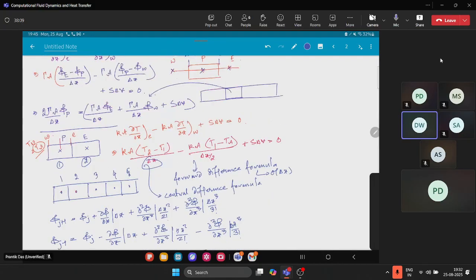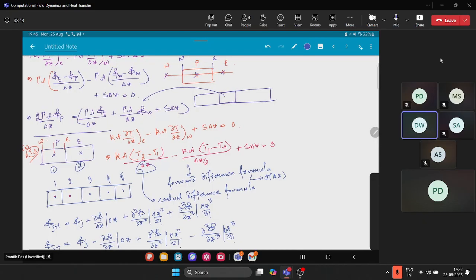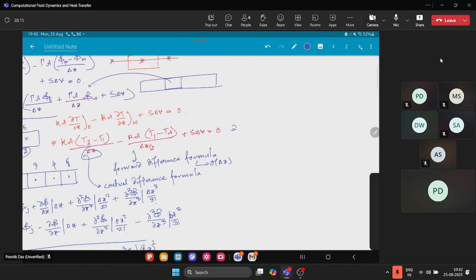Going with the thing which I was doing, this one actually comes to be Ka (T2 minus T1) divided by delta x minus 2Ka by delta x (T1 minus Ta) plus Sd equal to 0.